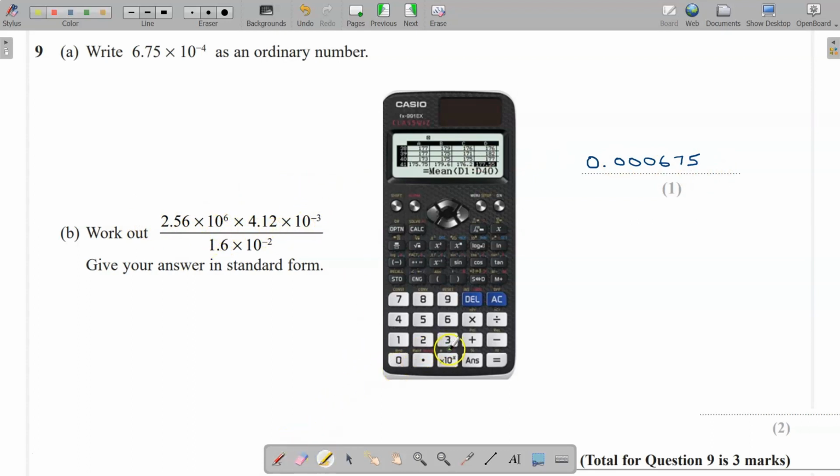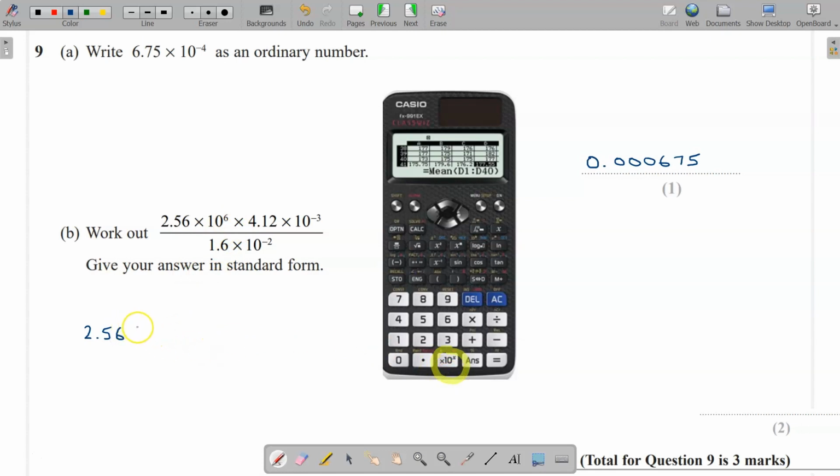Now for this part, we can make full use of our calculator. We have a button here that does powers of 10, specifically times 10 to the x. We use that button rather than x to the power, which makes it a bit more complicated. We literally type this in: 2.56, and then instead of putting times 10 to anything, we just press this button.